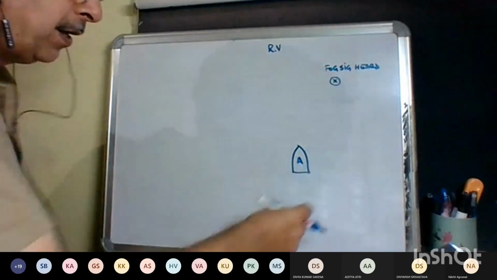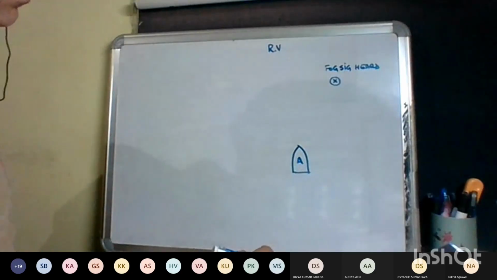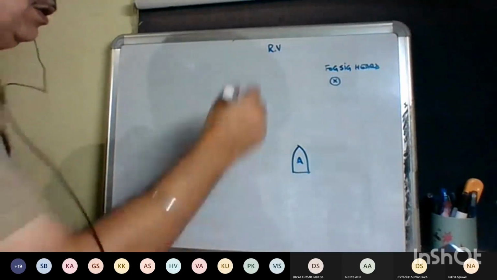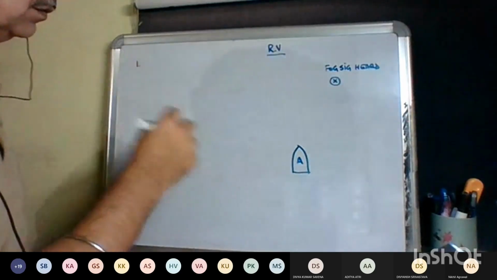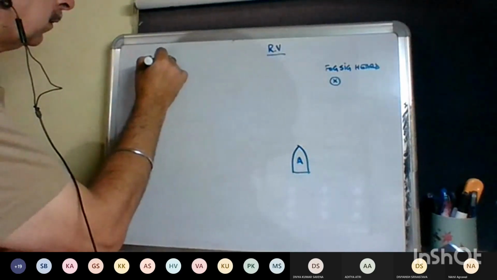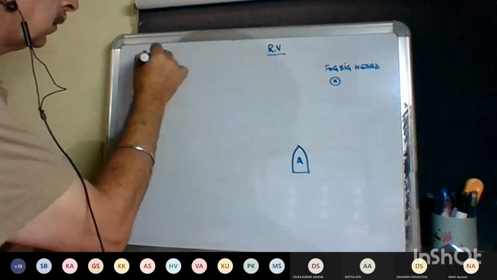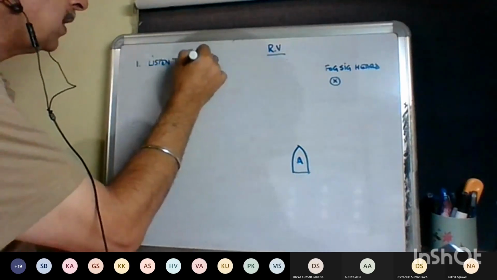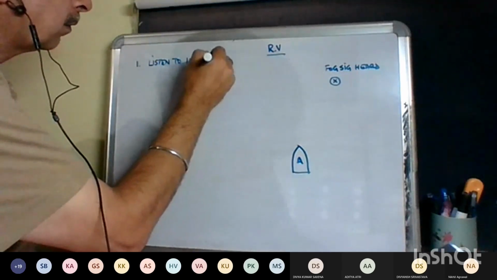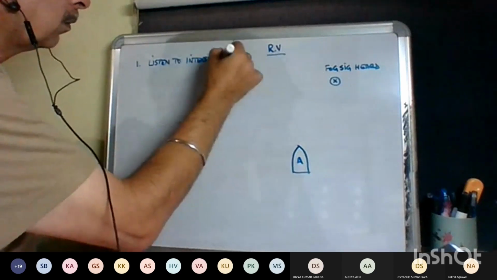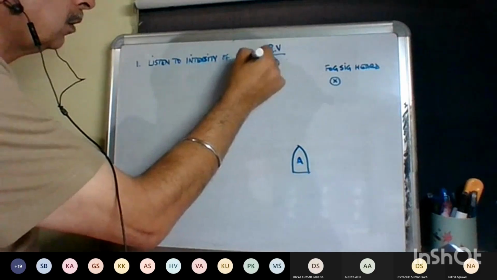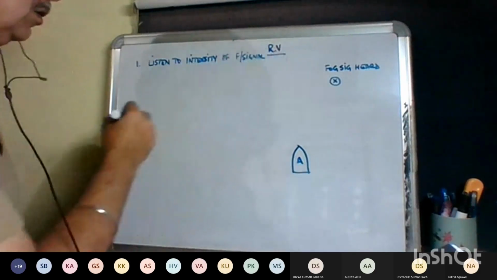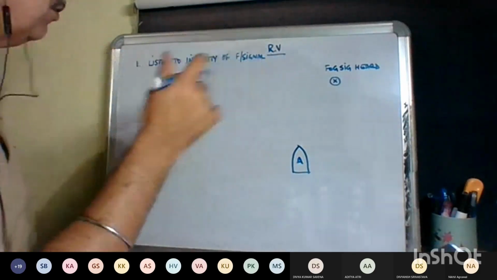You do not have an operational radar. What will be your action? So first, you will listen to the intensity of the fog signal.